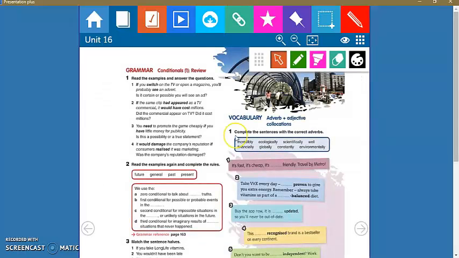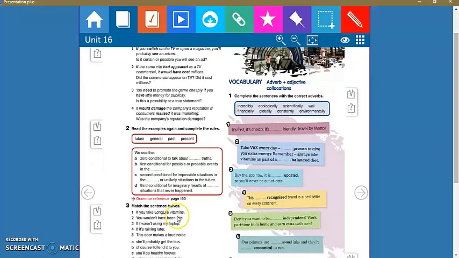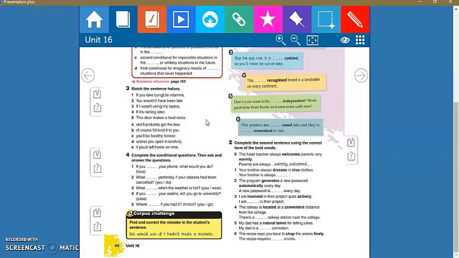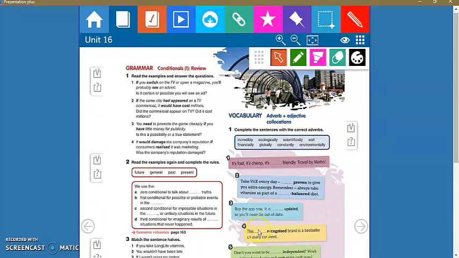For this session, we are going to start working with the grammatical review, and this is going to be for conditionals, and we are going to have a review of the 4 conditionals, okay? And we are going to do these activities that are in here. For that review, I have prepared a document, and we are going to use it.